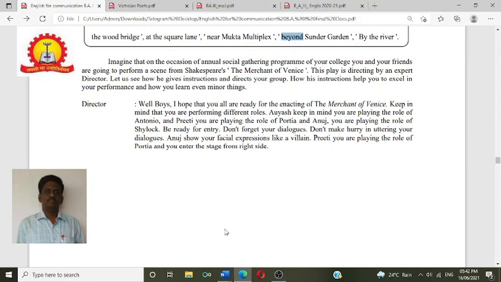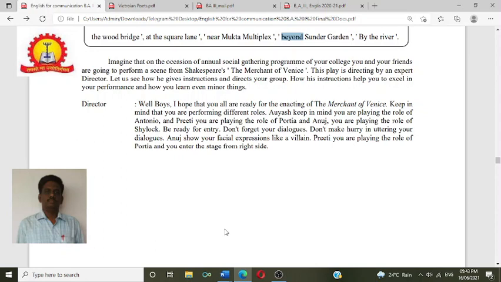So he is speaking about do's and don'ts. Both these things he is covering. This is very important to understand, that when we are giving instructions, we should give do's and don'ts.